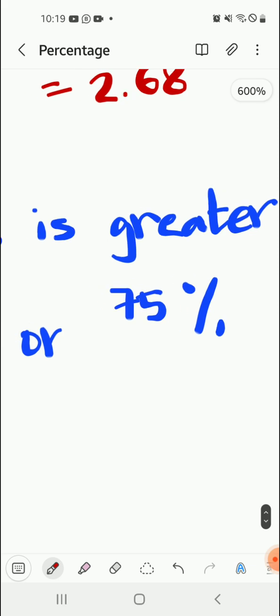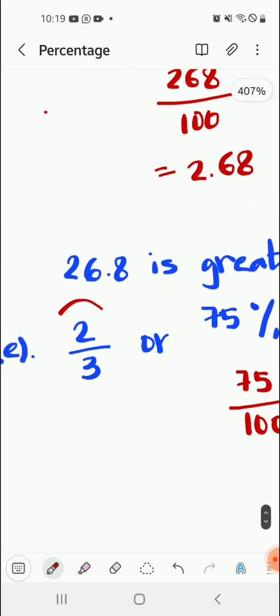So do the same thing over here. 75% is written as 75 by 100. Because the first number is already given in fraction form and it is not easy for us to convert it into its equivalent decimal, we will leave it in this manner itself.